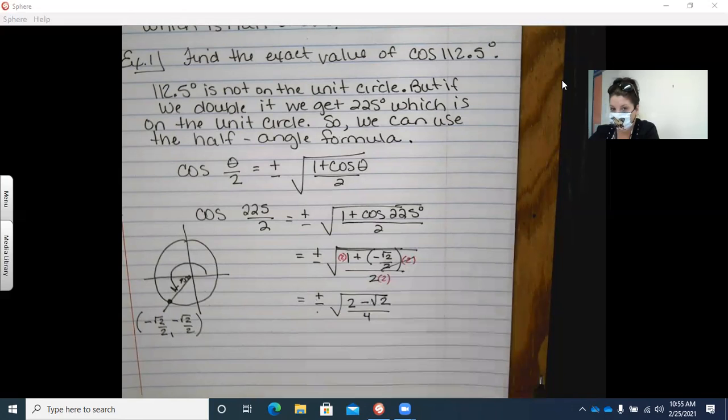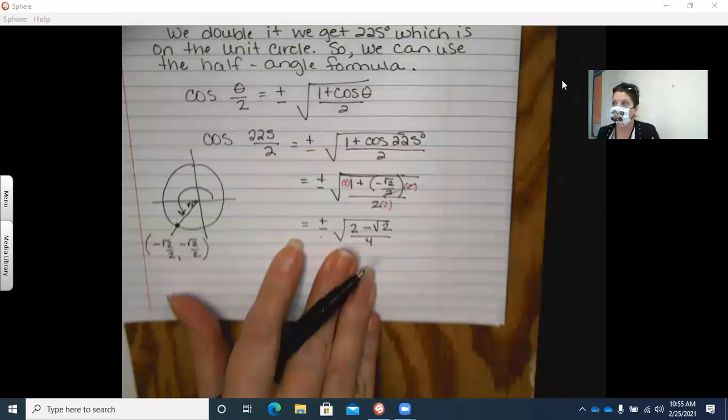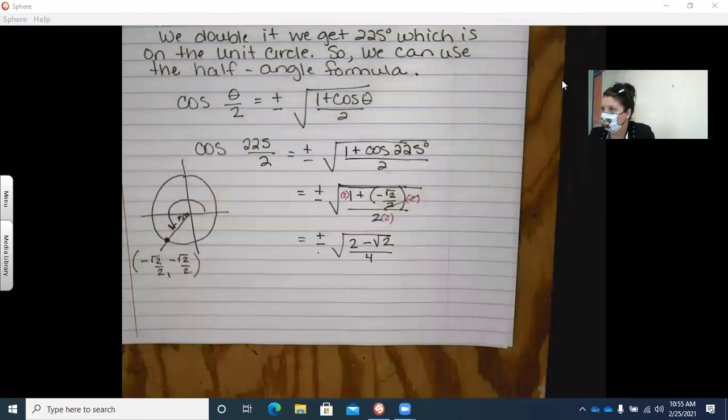Okay, now this is super weird. Remember, your numerator and denominator are both under the radical. So if I can take the square root of any part of that separately, I can do that. I don't have to take the square root of the whole thing. So I'm not going to rewrite it, if y'all understand what I'm saying. The denominator is also under the square root, right? What is the square root of 4? 2.